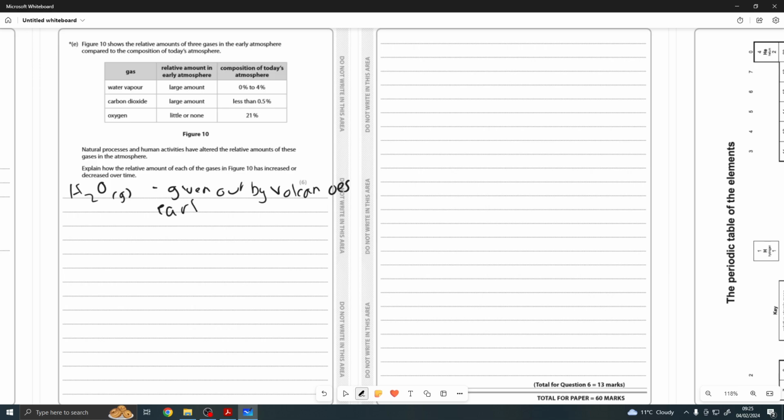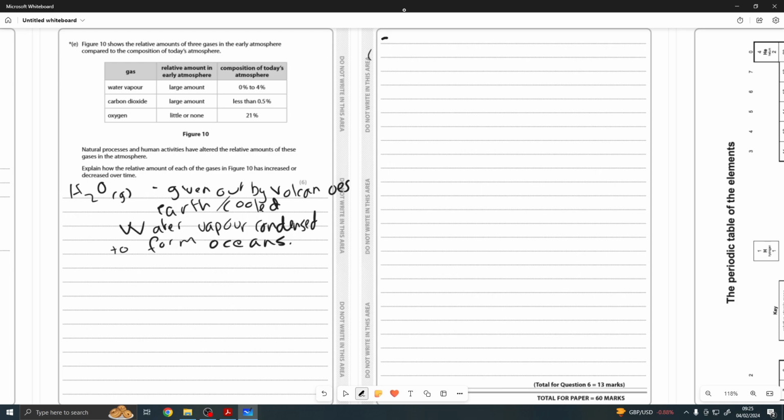The Earth then cooled, and the water vapor condensed to form oceans. That's what happens to the water vapor. It's given up by volcanoes. The Earth cooled to the point where the water vapor could then condense to form the oceans. Great.